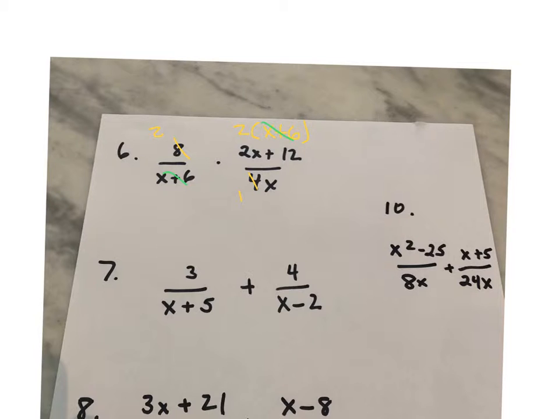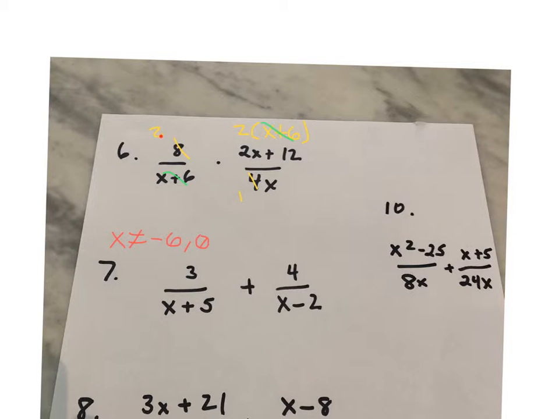We're about to multiply. However, we do not want to forget to state the restrictions. Since this is x plus 6, if x was negative 6, this would be 0, so x is not allowed to be negative 6. Since this is 4x, if x was 0, then 4x would be 0, and therefore x is not allowed to be 0 either.